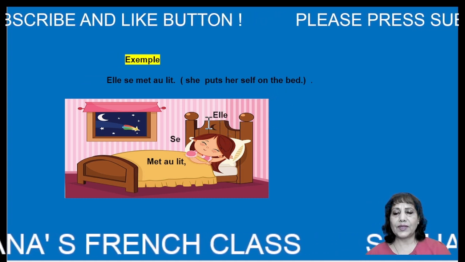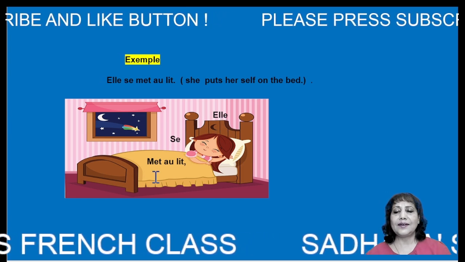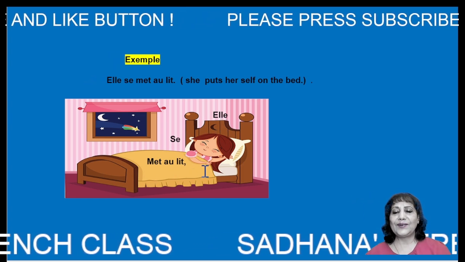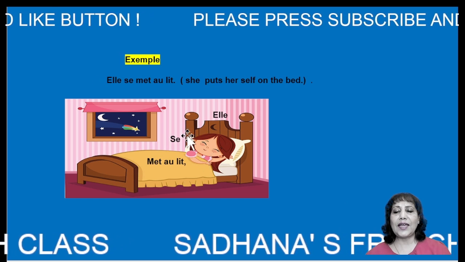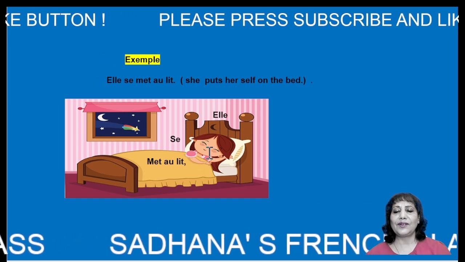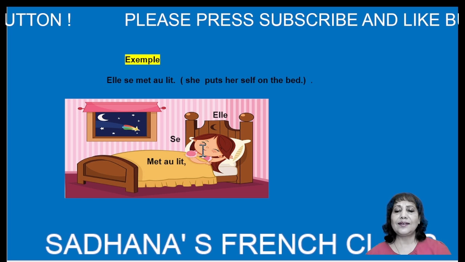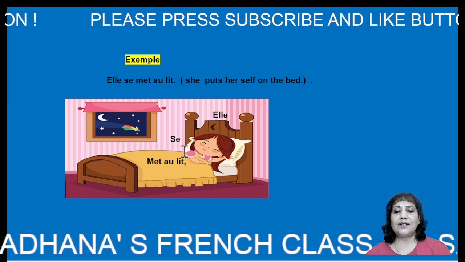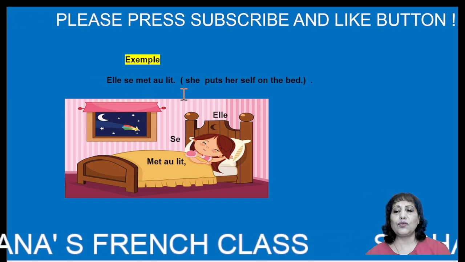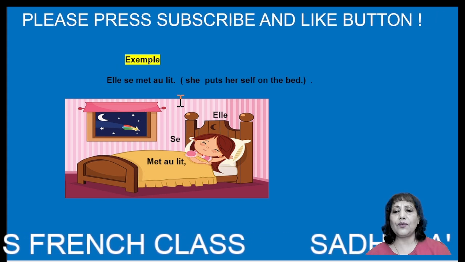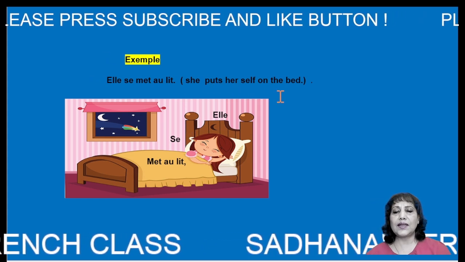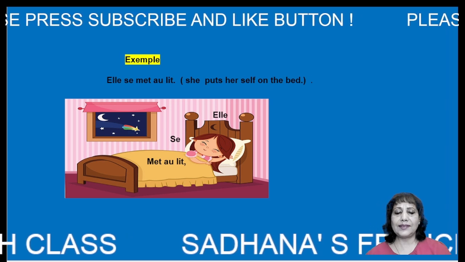Elle, here you can see, se met au lit. All right. So the action is happening on herself. So se, herself here. Elle se met au lit. She puts herself on the bed.